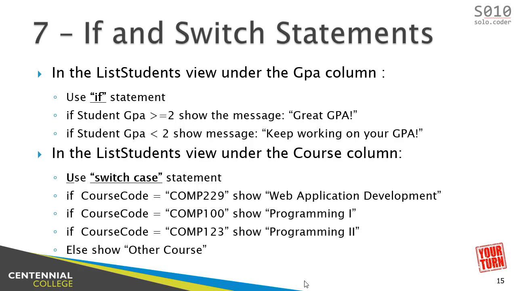If it's none of those, show other course. Okay? Again, using Razor, using if in the context of Razor, using switch. This is done in the list view. As you loop through the students, you're going to test the GPA, you're going to test the course code and apply these rules here. Okay?